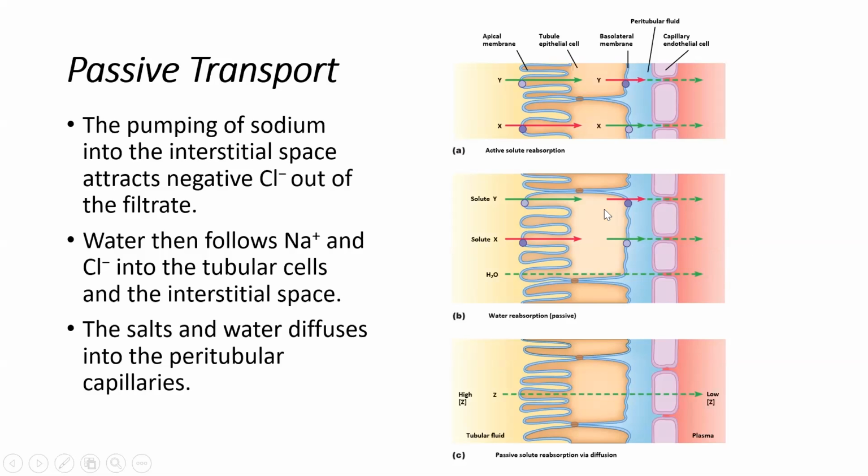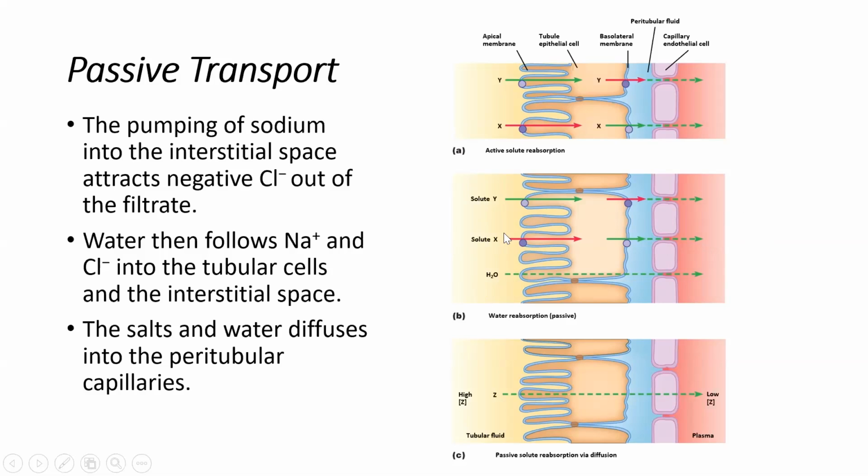So basically we have the active transport of sodium across the basolateral membrane, the passive movement of chloride across the basolateral membrane. And so what that creates is a solute gradient where there's more sodium and chloride in the capillary and less sodium and chloride in the filtrate.